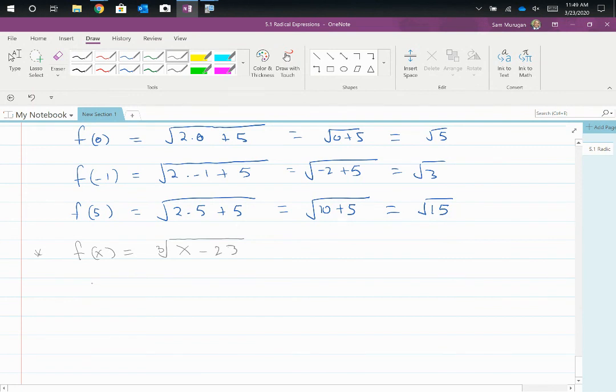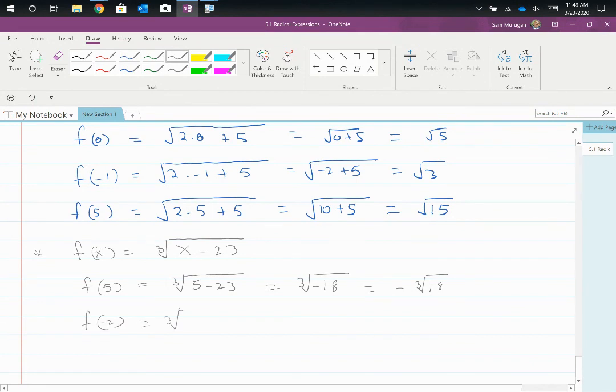And if we're asked to find f of 5, so this is the cube root of 5 minus 23, which is the cube root of negative 18. And since we know that we can take the cube root of a negative number, we put the negative sign outside and say this is negative cube root of 18 like that.